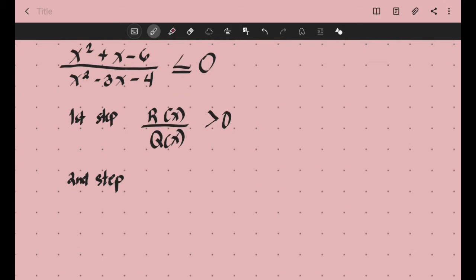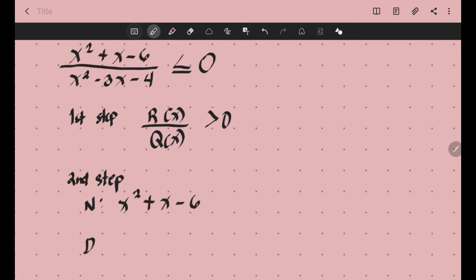But as we have noticed, x squared plus x minus 6 is factorable, and also its denominator x squared minus 3x minus 4 is also factorable. So let us first factor our numerators and denominators. For our numerator, we have x squared plus x minus 6.